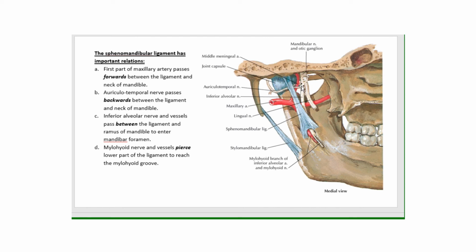The auriculotemporal nerve, a branch from the posterior division of the mandibular nerve, passes backwards between the neck of the mandible and the sphenomandibular ligament. The inferior alveolar nerve, the nerve to mylohyoid and the inferior alveolar vessels pass deep to this ligament.